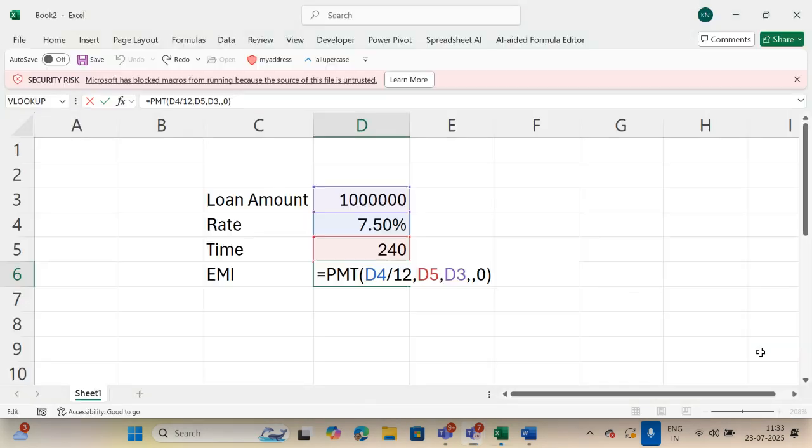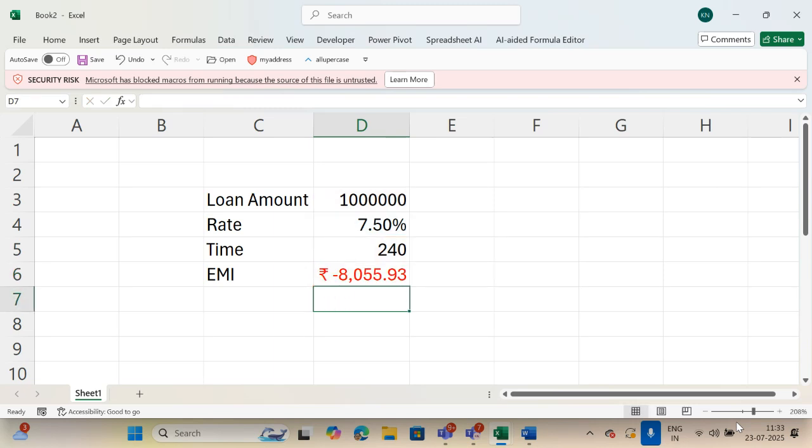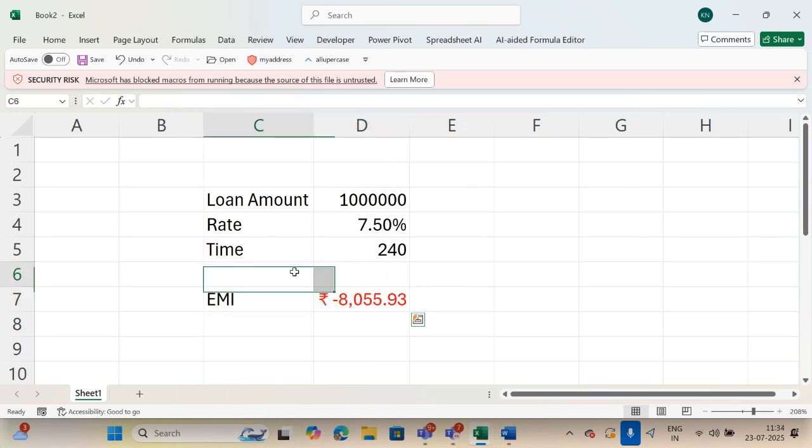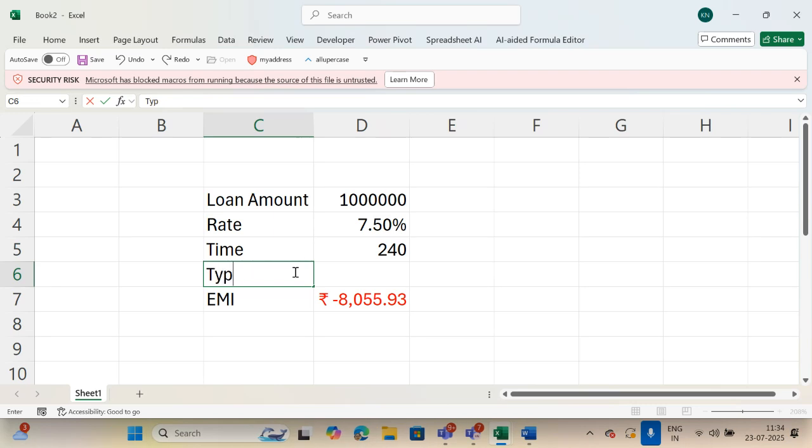Is it clear? So I can give you the explanation again. See, same arguments, but this is in the case of type 0.